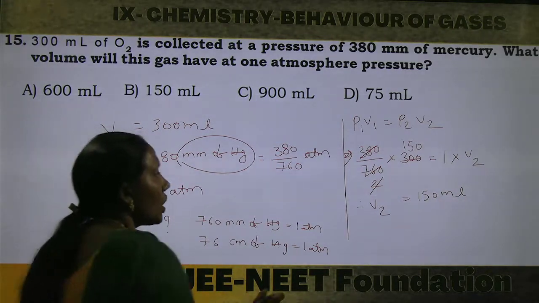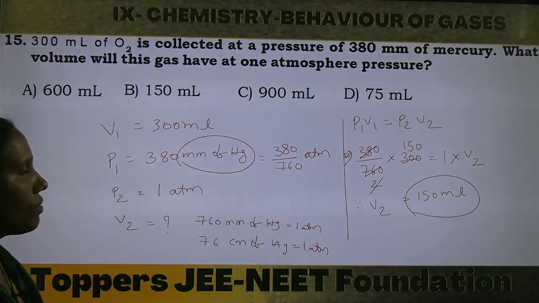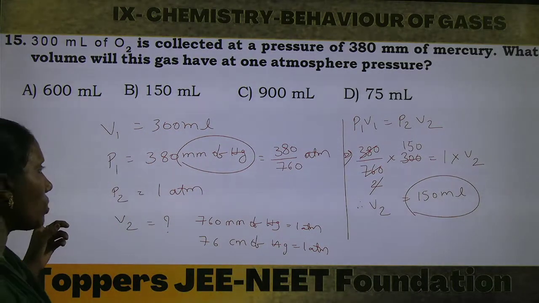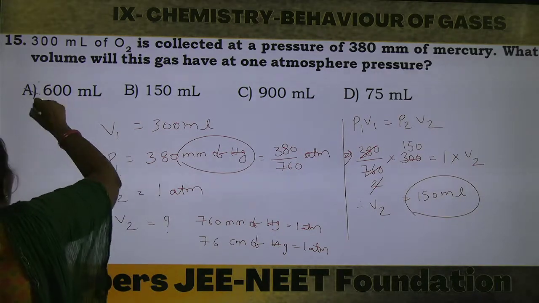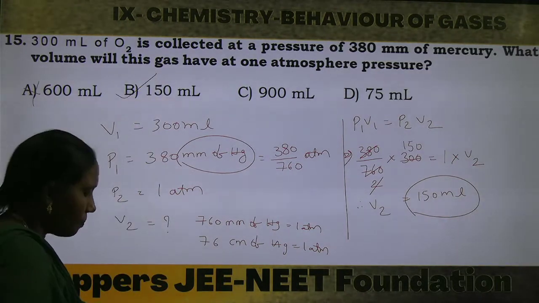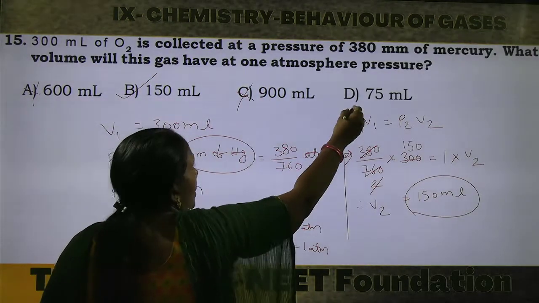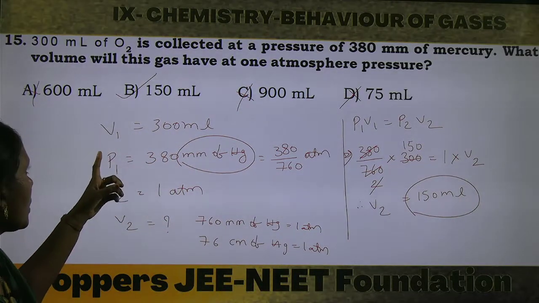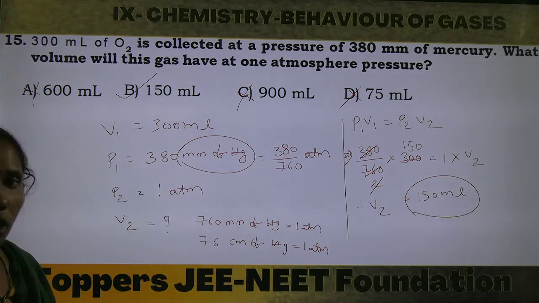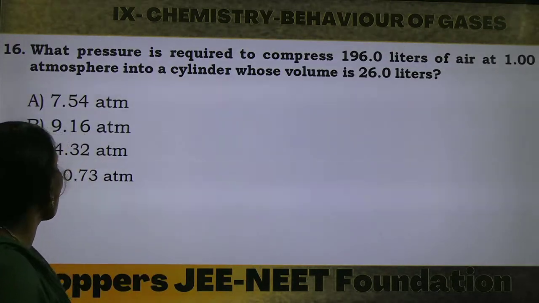Then we got the volume as 150 ml. Let's check the options. First option is 600 ml, second option is 150 ml, third option is 900 ml, not that, and D option is 75 ml. So our answer is 150 ml. We will go with the B option. Okay.